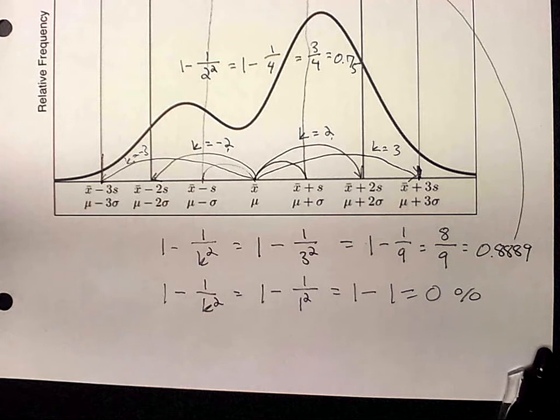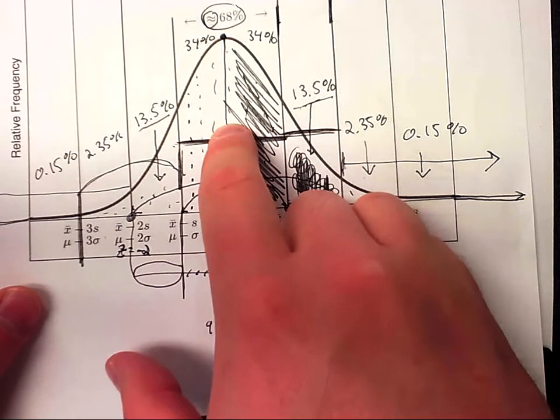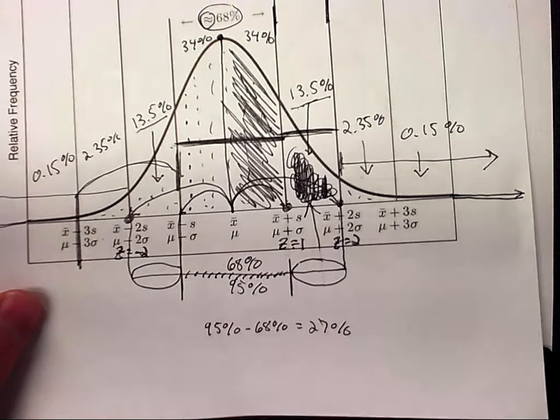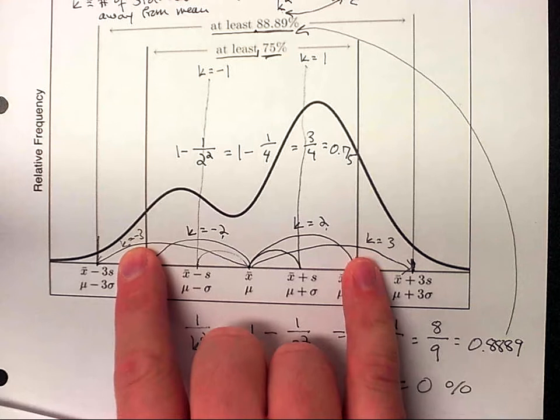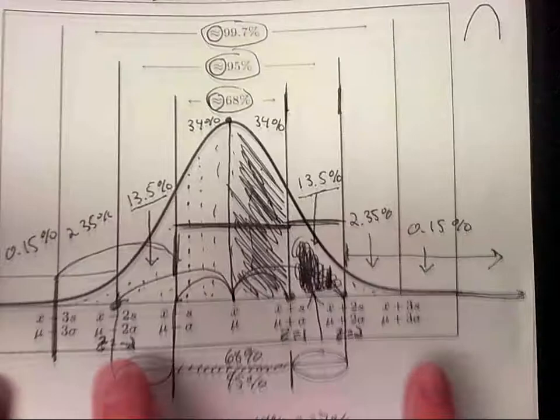But you guys see the difference between the wording for the empirical rule and for Chebyshev. Here, it's giving us a lower bound. It says you need to have at least 0%. You need to have at least 75%. You can have more, right? And in fact, in the empirical rule, we do have more. Because in the empirical rule, we have 68% between these two cutoffs. But is 68% at least 0%? Sure is. Here, Chebyshev's theorem is telling us between these two cutoffs, we need to have at least 75%.